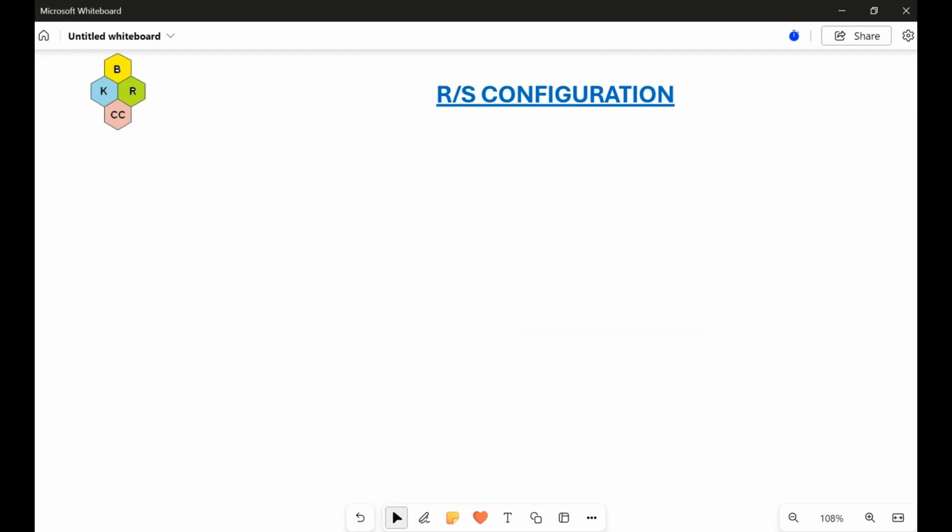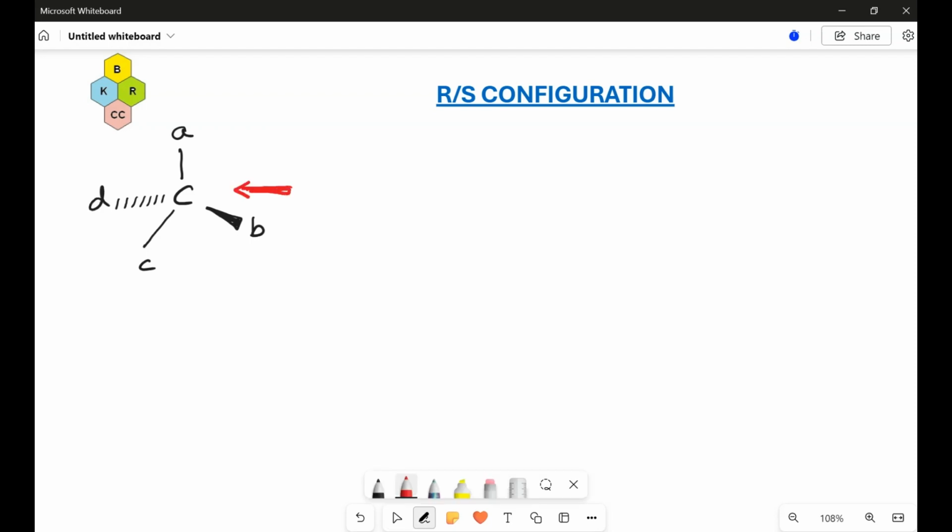Okay. If I have given a carbon like this in the wedged form, the thick wedge, we know, is near to us, and the dashed wedge is away from us. In such a case, if I write it as A, B, C, D, you see from the side which is away from the least priority. D is here, the least priority is here.